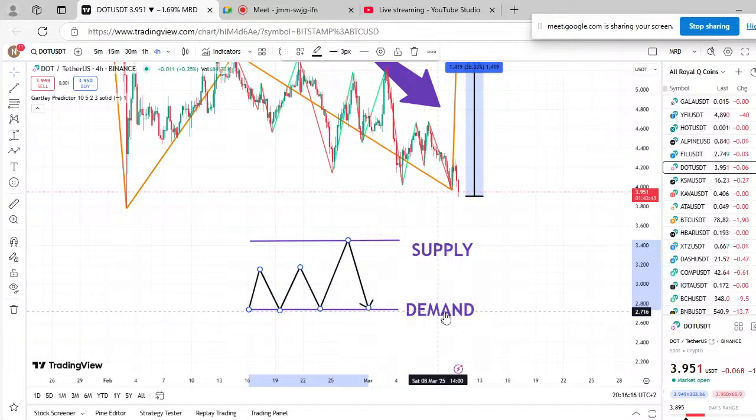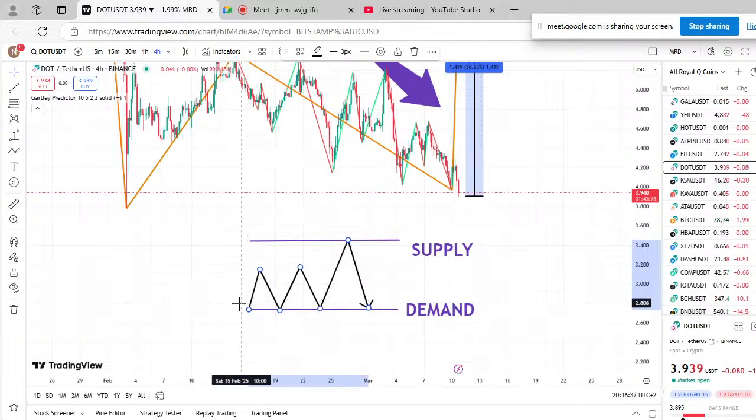You can call it support. The demand can be support. The demand can be discount. Yes, this place can be three things at once. It can be support, it can be demand, it can be discount level.